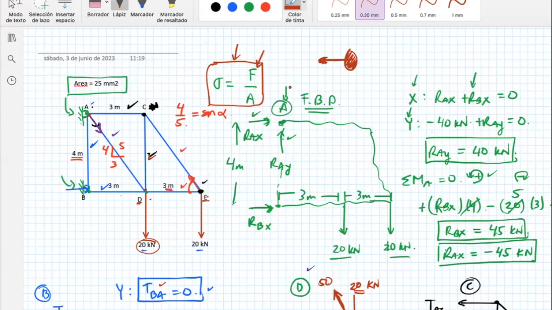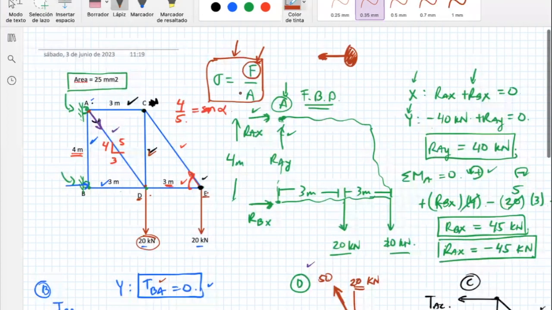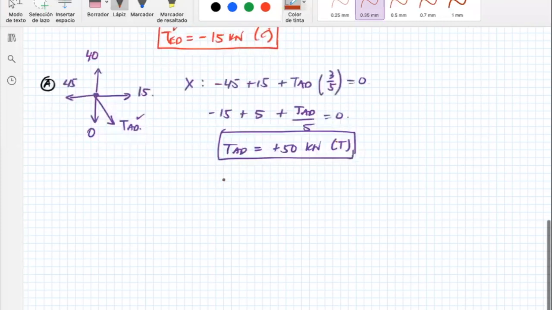We needed those signs in order to solve equilibrium. But now we just care about the mechanics of materials, and that is just the normal stresses. We don't care too much about the signs when we are calculating normal stresses.